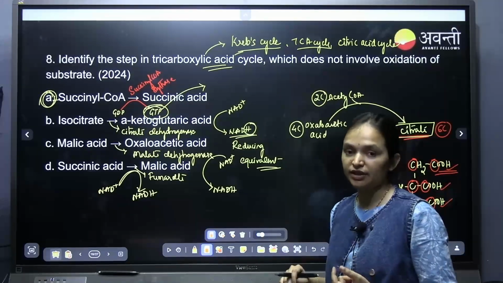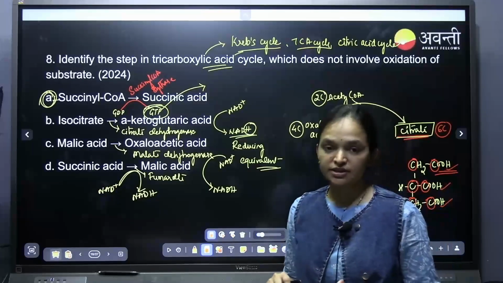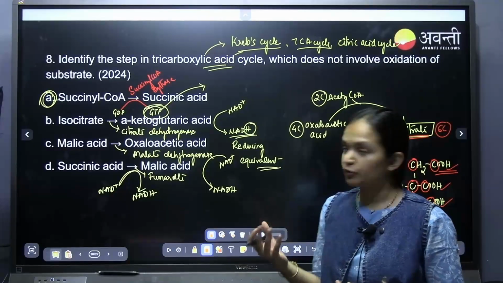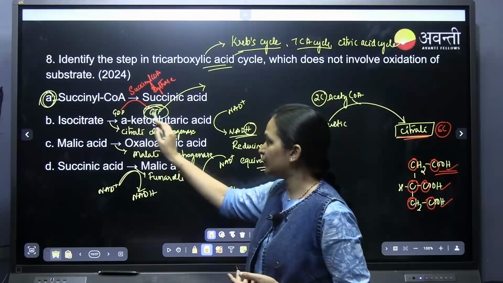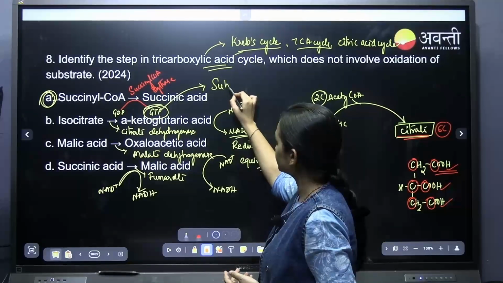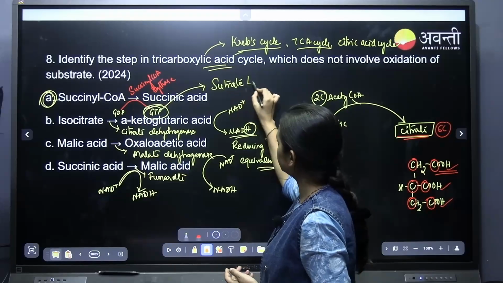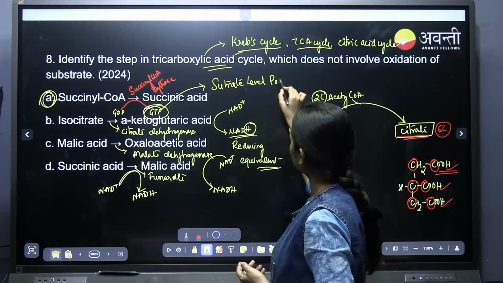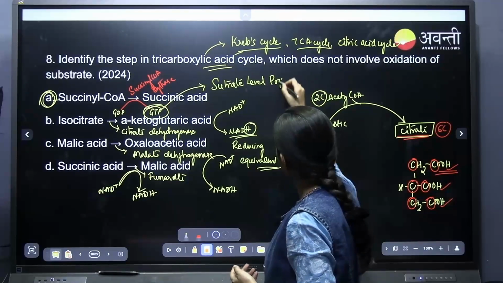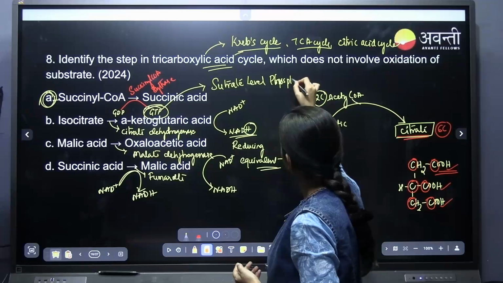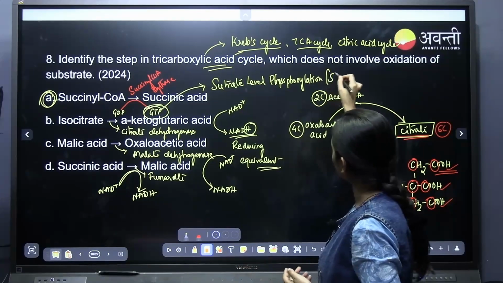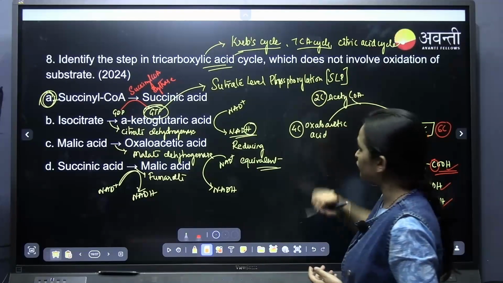Photo means light is used. Another type is substrate level phosphorylation, the production of ATP. GTP can be converted to ATP. This is otherwise called SLP, substrate level phosphorylation.